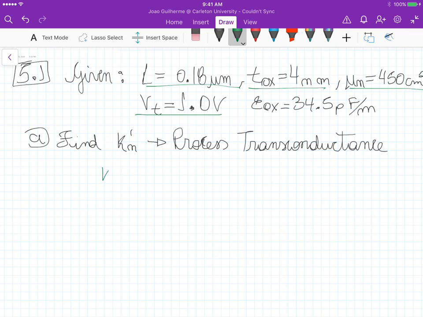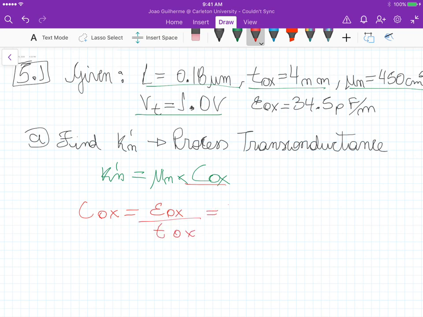The process transconductance Kn prime is equal to the mobility of the electrons times the oxide capacitance. The oxide capacitance is calculated using the permittivity per meter of the oxide divided by the thickness of the oxide. This gives us 34.5 picofarad per meter divided by 4 nanometer.